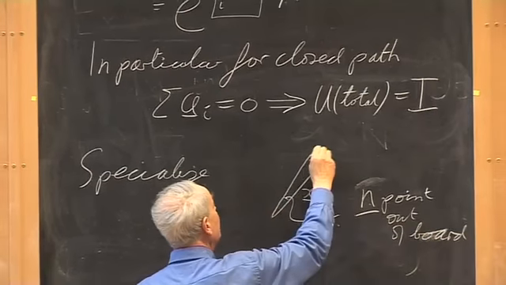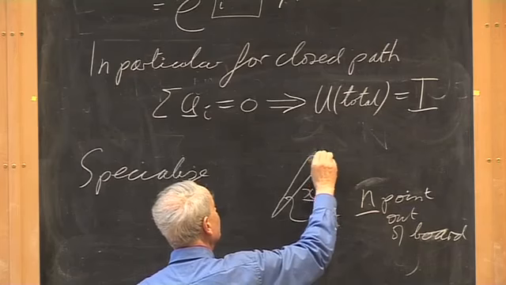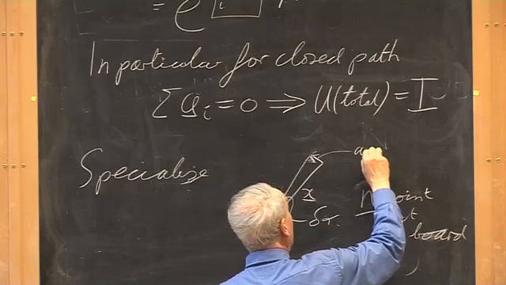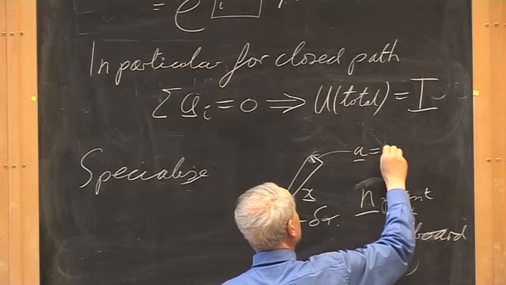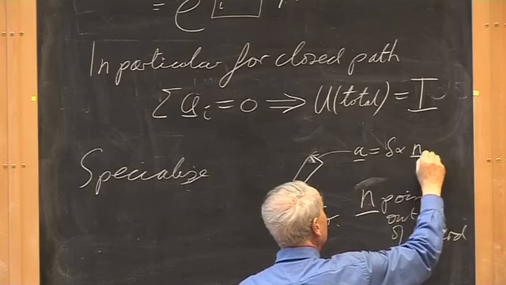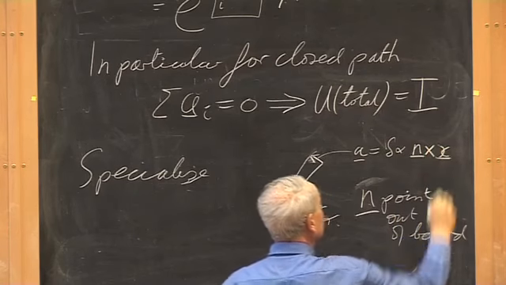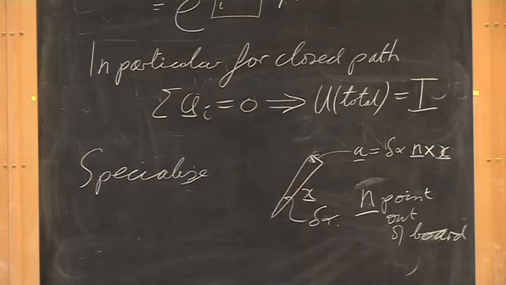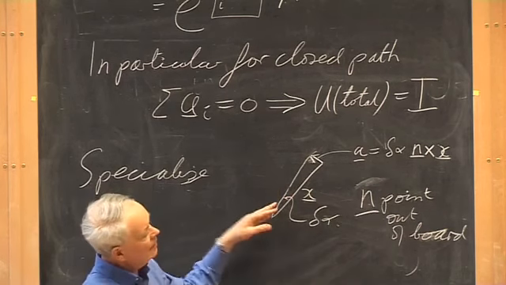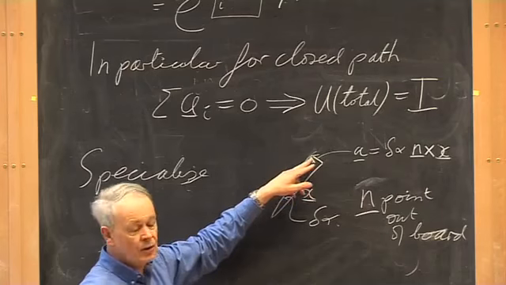Then this displacement vector is going to be A equals delta alpha n cross x. That's just ordinary classical geometry. If I go like this and n is out of the board, then that's the displacement that we generate.